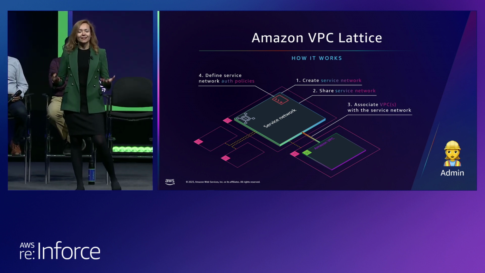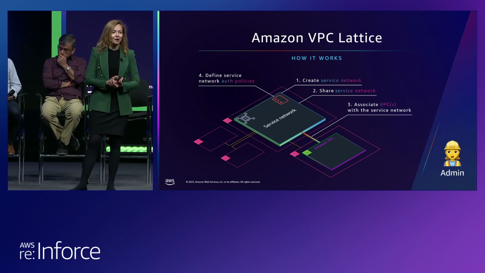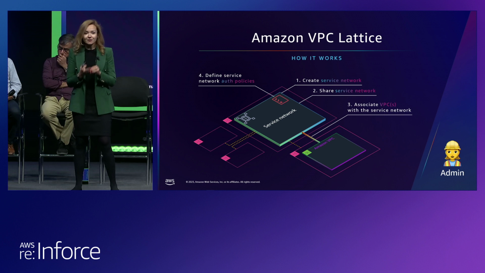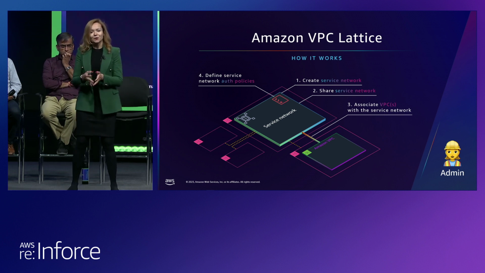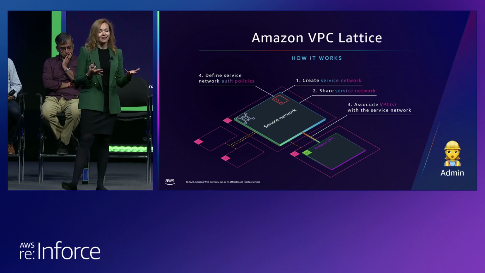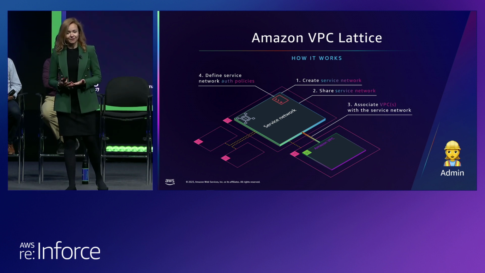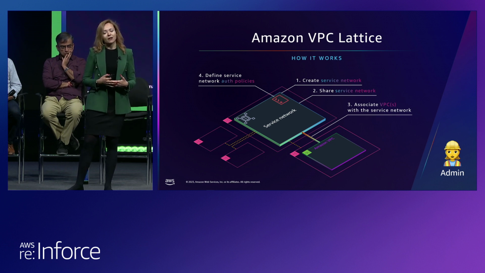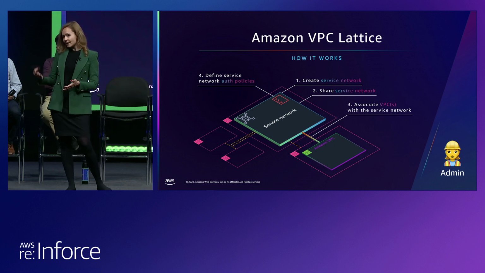That's one of the primary policies that you can set. And it's already a very strong one. So traffic through the service network cannot go if it's not authenticated, which is very important from a security stance perspective. Then if you want to go more granular, you can go more granular with the policies at the service network level or at the service level.